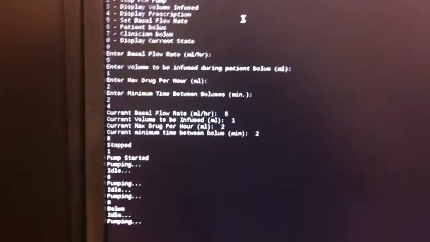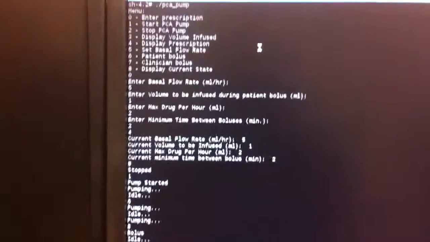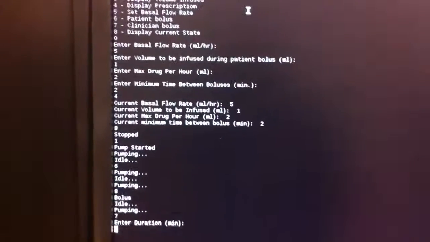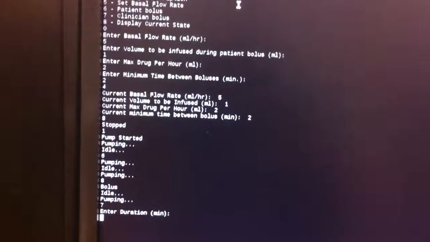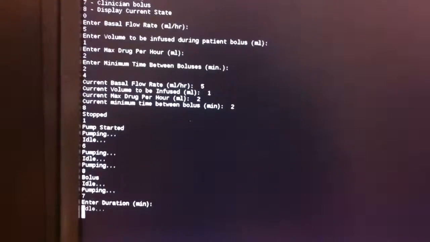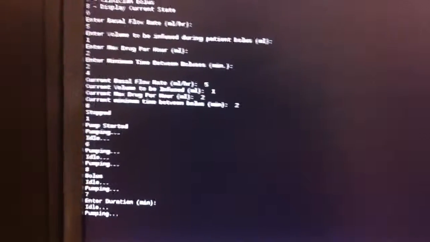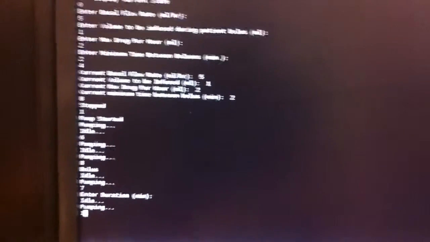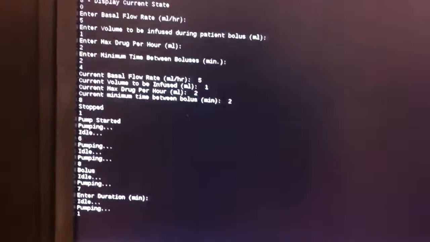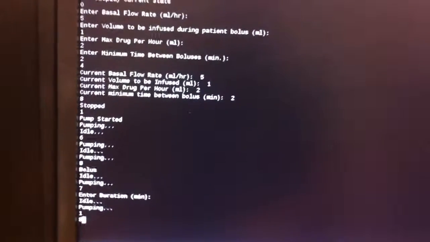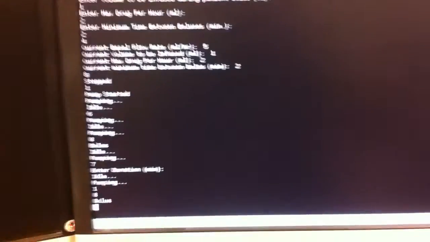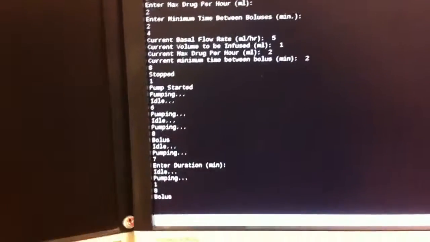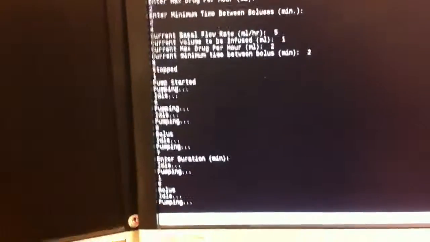So now, in addition to that, the clinician can also issue an additional bolus, and when the clinician requests this, it has a specified duration in which the volume to be infused specified in the prescription will be infused. So let's say I put here 1 minute, and the mode is still bolus, because the clinician bolus waits until the patient bolus finishes, and after that the clinician bolus will start.